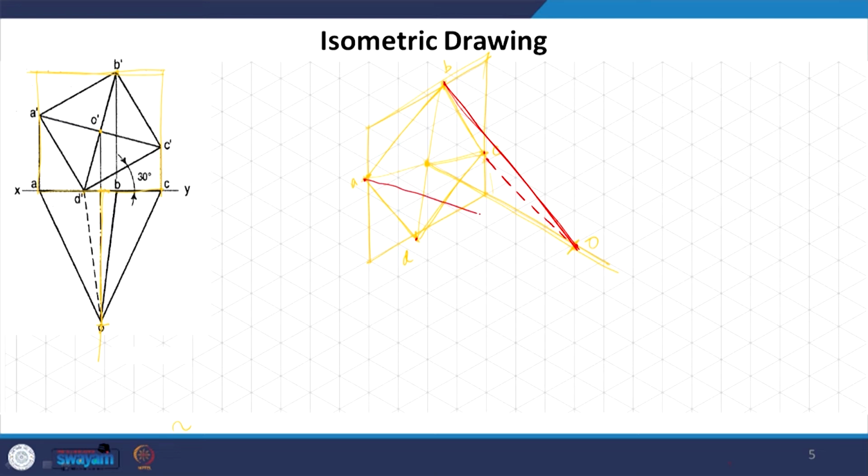Now, we have this AO, DO, AD, AB, BC is hidden and DC is hidden, and this is where the axis passes, right.